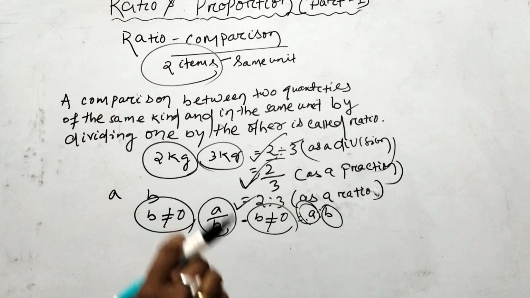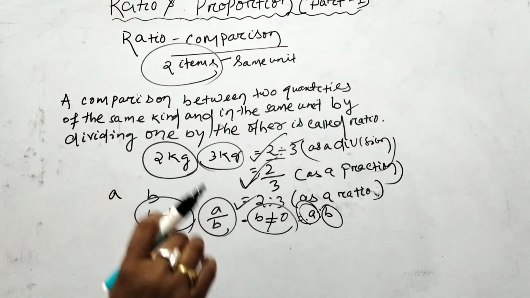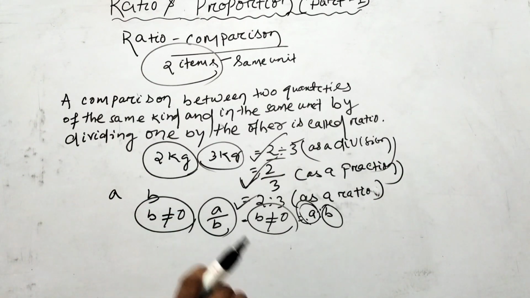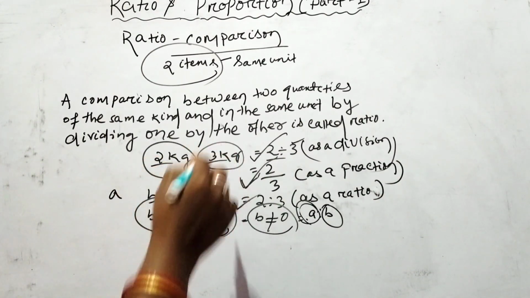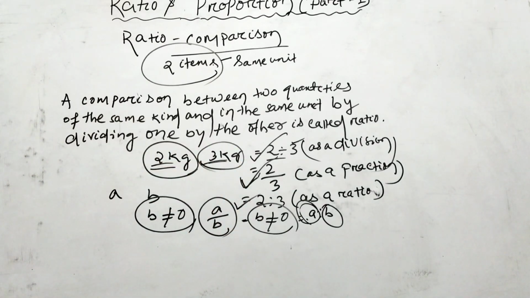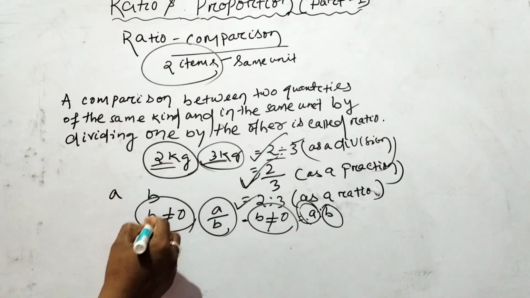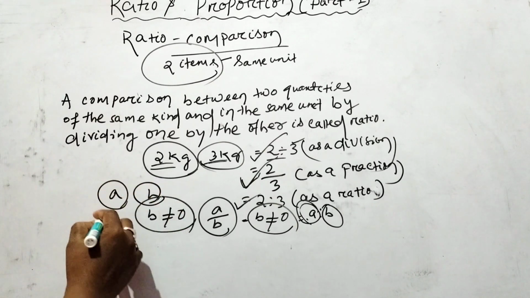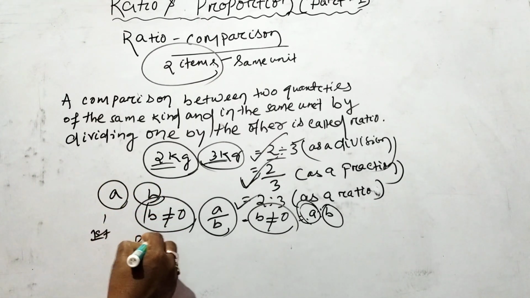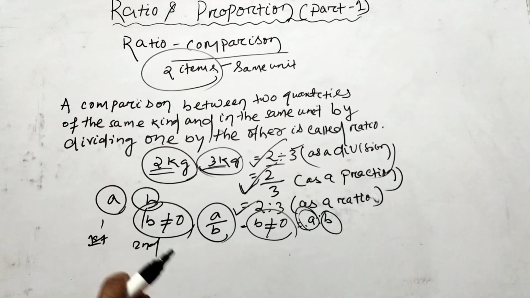In the ratio, the quantity or number is called a term. Here 2 and 3 are the terms of the ratio, the first term and the second term.